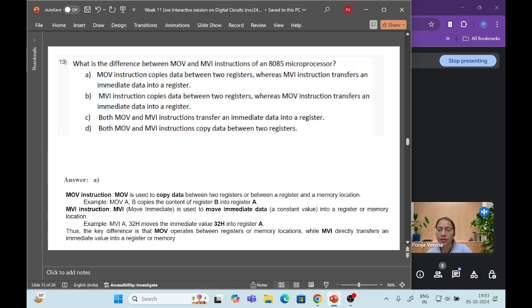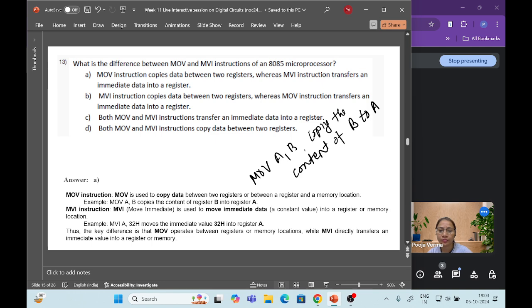As we already know, the MOV instruction is used to copy data between two registers, or between a register and a memory location, or a memory location to a register. For example, MOV A, B means copy the content of B to A. MVI stands for move immediate, which is used to move immediate data.